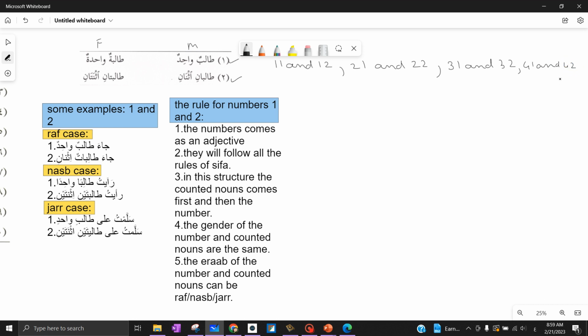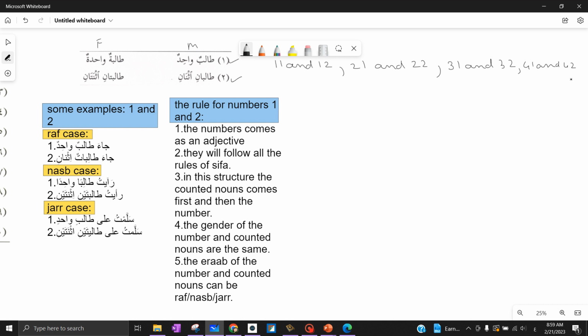And it goes on till 91 and 92, then 101, then 102. I mean to say that the rules that you will learn for 1 and 2 apply for each and every 11 and 12, 21, 22, and 31, 32, then 41 and 42.